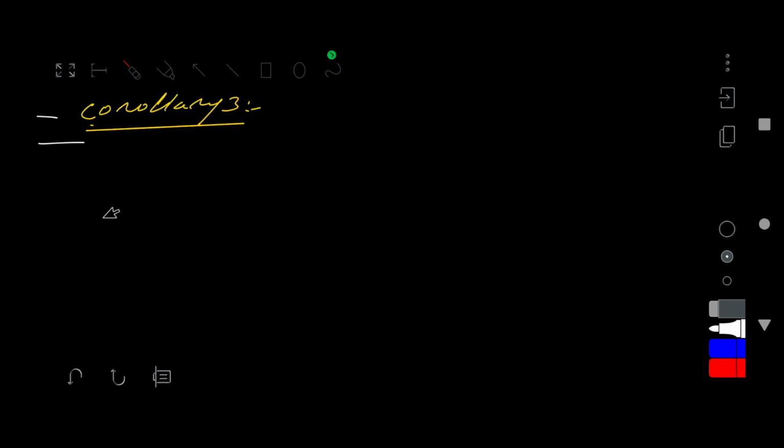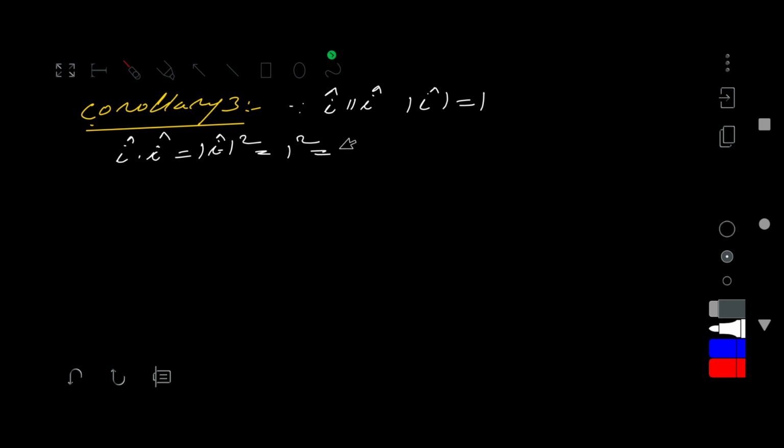Corollary 3, since I cap is parallel to I cap and magnitude of I cap is 1, as we know that I cap is a unit vector, so its magnitude is 1. So I cap dot I cap must be equal to magnitude of I cap square, and magnitude of I cap is 1, so 1 square, that is 1.